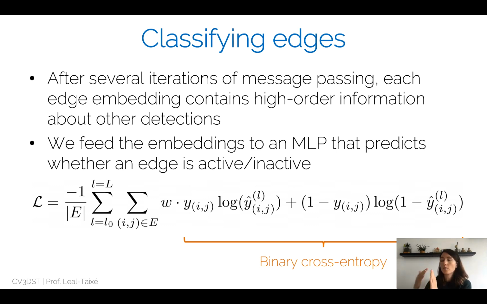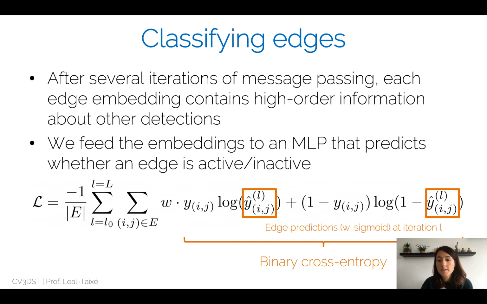With an MLP, we want to obtain a classification, yes or no. And these are going to be essentially the edge predictions that we're going to get, for example, from a sigmoid at iteration L. So of course, first we need to perform the message passing steps, and at the end of the message passing steps, we look at the embedding and we make a prediction.